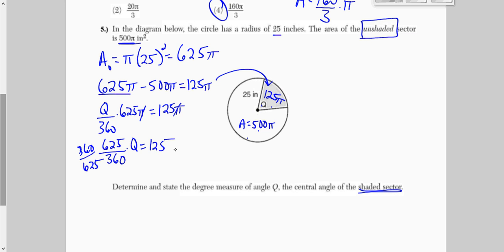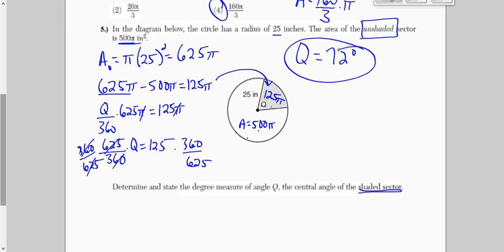These cancel, and Q equals, put the rest in your calculator, and hopefully you got 72 degrees for angle Q.